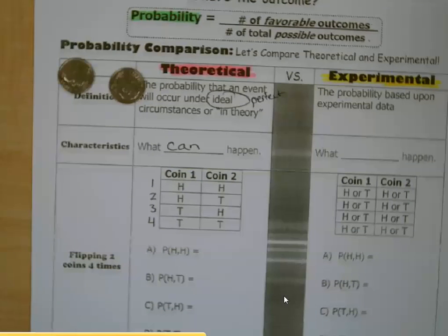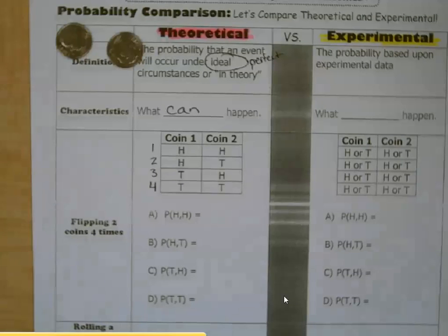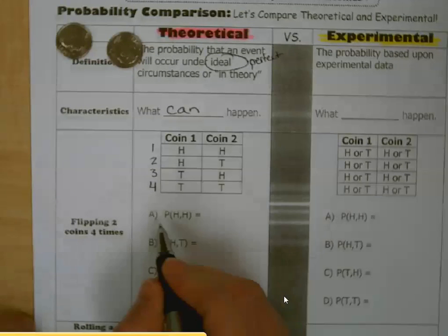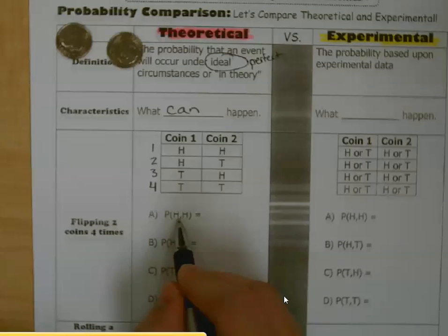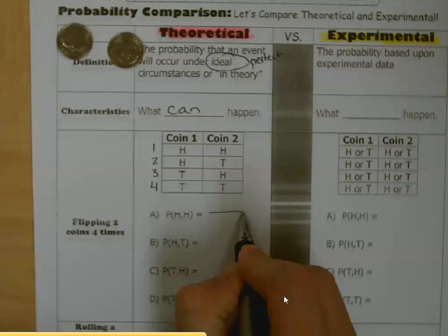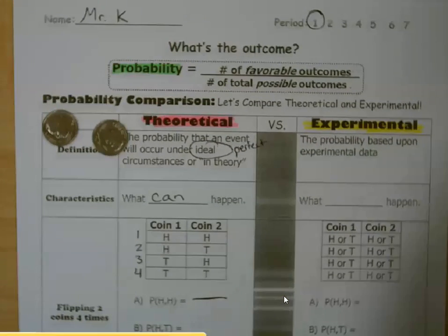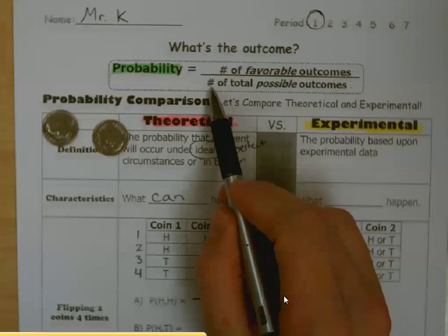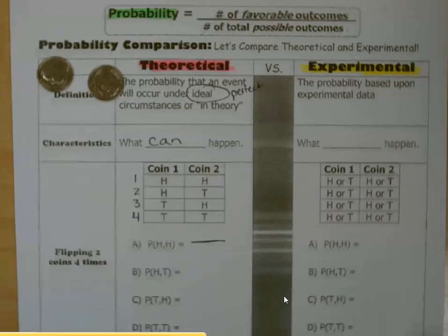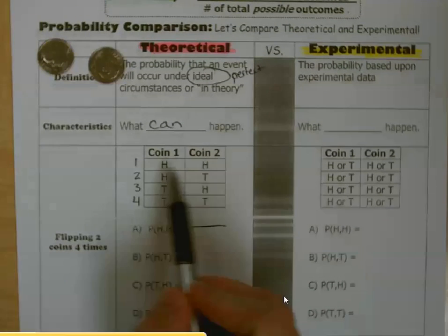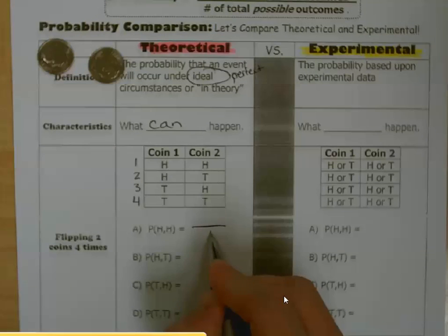So, if those are the four things we could possibly get, what's the probability of getting each one? A asks, what's the probability of getting heads on both coins? Well, we know probability starts as a fraction. We can look back up here if we've forgotten. On the bottom, in our denominator, we're going to want the number of total possible outcomes. Well, our chart shows us that there are four possible outcomes, four things that could happen.